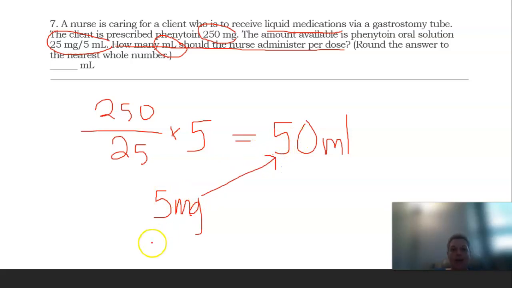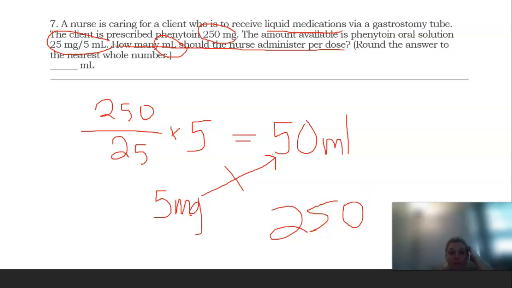Can't I say in my head 5 milligrams per milliliter times 50 milliliters? That gives me my 250. So I have double checked that I am giving the right amount.